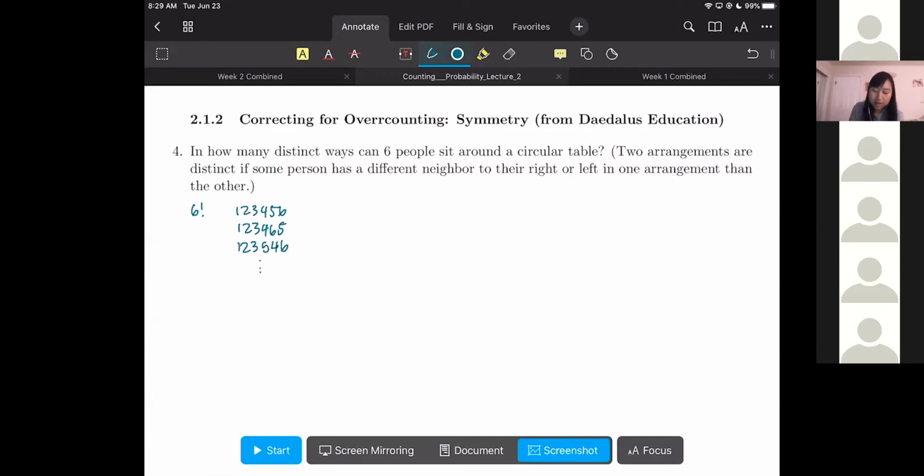But now, instead of sitting in a row, we have it sitting around a circular table. So I'm just going to draw our little circle. Let's say we take a permutation 1, 2, 3, 4, 5, 6, and that means we're going to seat the people like 1, 2, 3, 4, 5, 6.